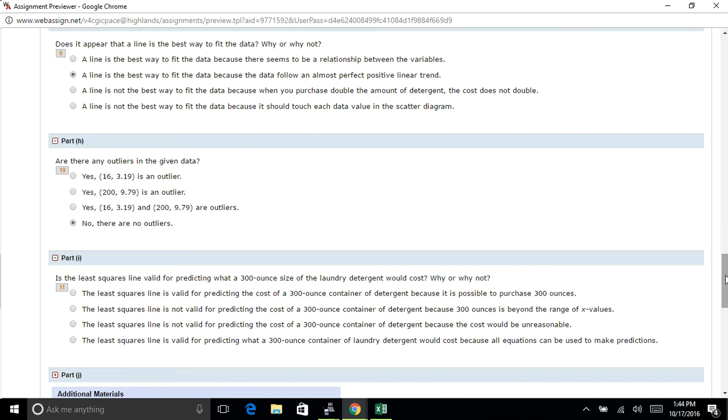The only values you can predict for are 16, 32, 64, and 200 ounces. So you say the least squares line is not valid for predicting the cost of a 300-ounce container because 300 ounces is beyond the range of the X values. That's all you need to say.